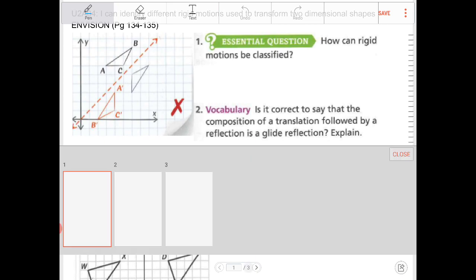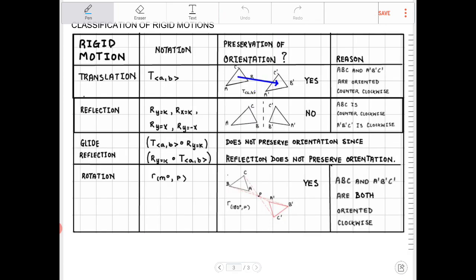I actually made a neat little graphic for you to demonstrate that idea, which can also be found in the lesson. So these are the 4 different types of rigid motions. Well, actually 3 unique rigid motions, and one of which is just a combination of the other 2.